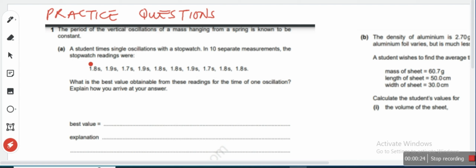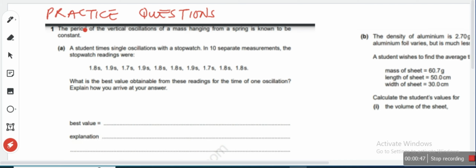The stopwatch readings were, these are listed here. Now we say, what is the best value obtainable from these readings for the time of one oscillation? Now explain your answer, or explain how you arrive at your answer. So you state the best value and state how you arrived at your answer. That's a question here.